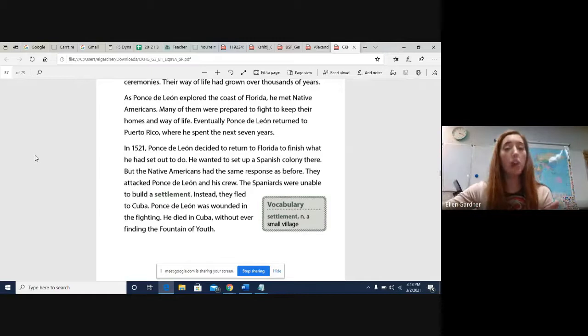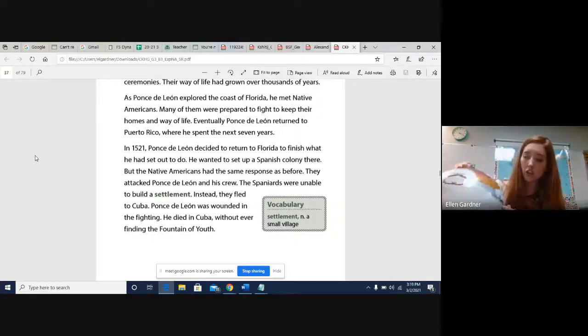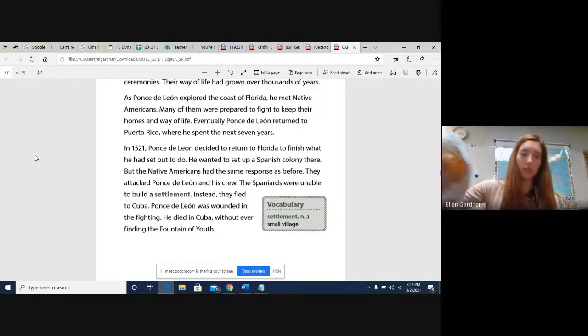Now, in 1521, Ponce de Leon decided to return to Florida to finish what he had set out to do. He wanted to set up a Spanish colony there. But the Native Americans had the same response as before. They attacked Ponce de Leon and his crew. The Spaniards were unable to build a settlement. Instead, they fled to Cuba, a different island also in the Gulf of Mexico.